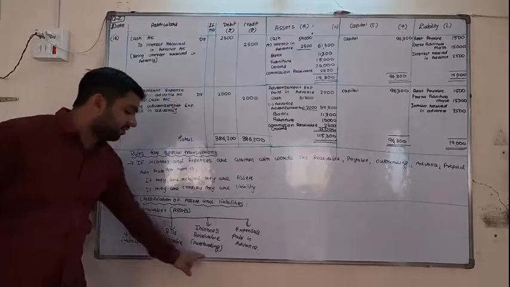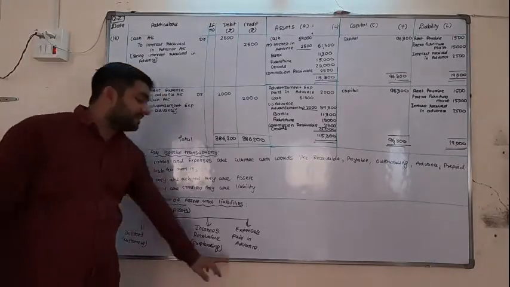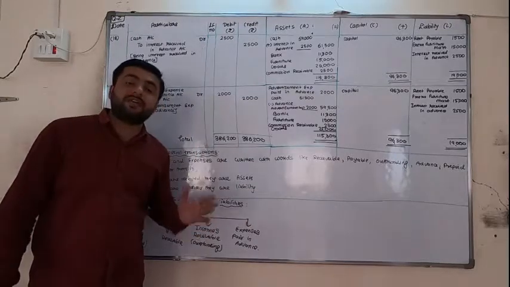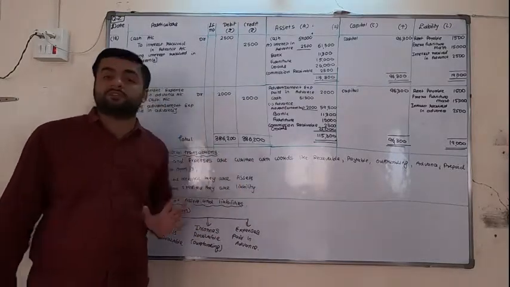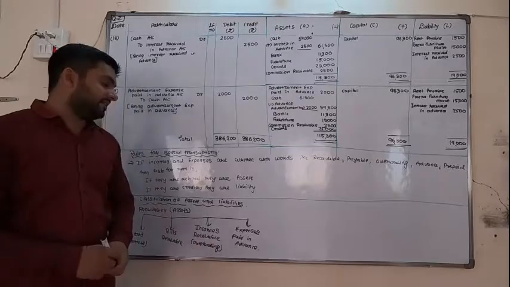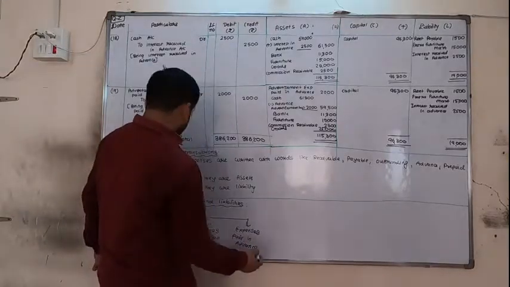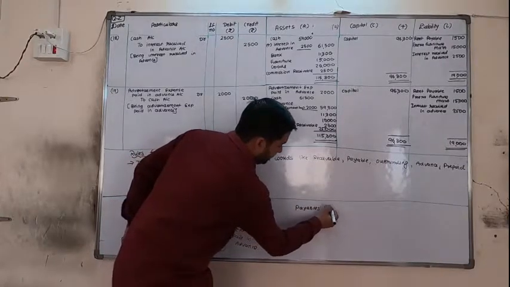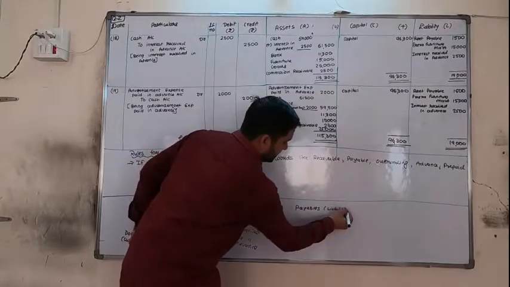So all these things are related to income. These things are related to expense, but which expense? The expense for which the time has actually not come, before time. Now in the opposite way, payables. What are our payables? Those are our liabilities.